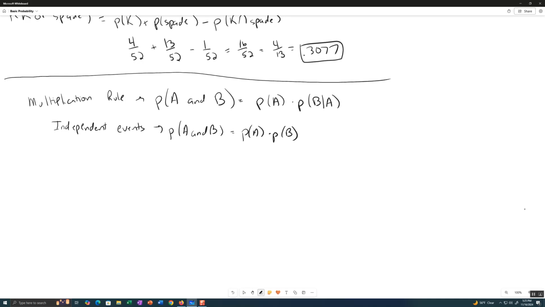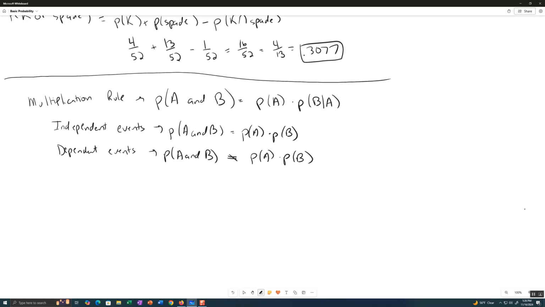However, when we have dependent events, this is not the case. So the probability here of A and B does not equal probability of A times probability of B. Those are dependent events.